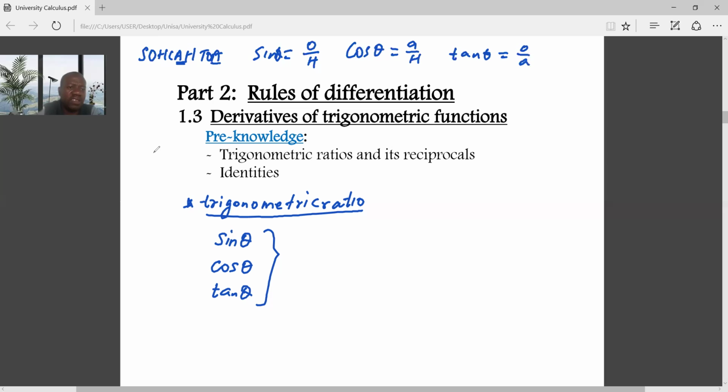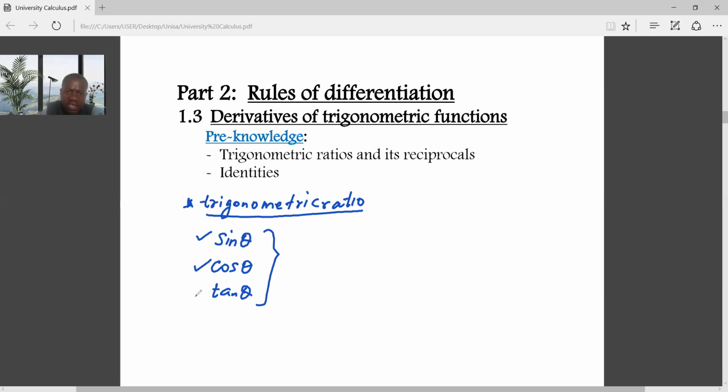But we are not interested in that for now. We're just interested in knowing the trigonometric ratios. In the first one, we have sine, cos, and tan. This is sine, cosine, and tangent, which in short we call tan.